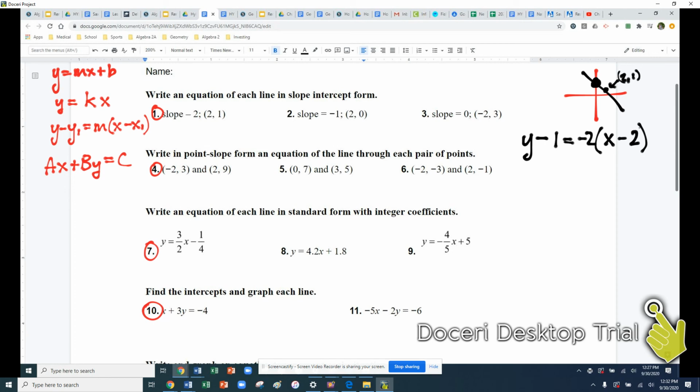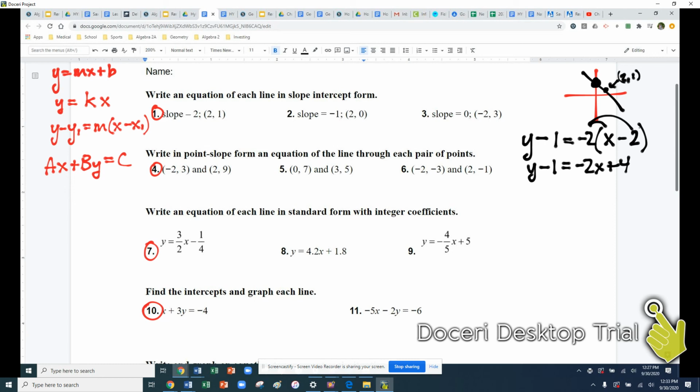But is that in slope-intercept form yet? Is that in y = mx + b form? Not quite. We just have a little bit of algebra to do. It's very basic algebra. You all know how to do it. First thing you do is you distribute the -2. y minus 1 equals -2x plus 4. Getting closer.